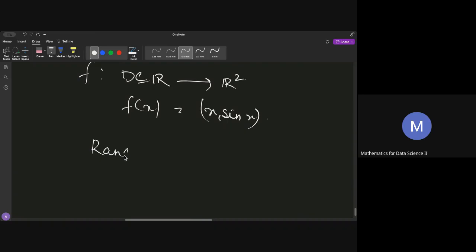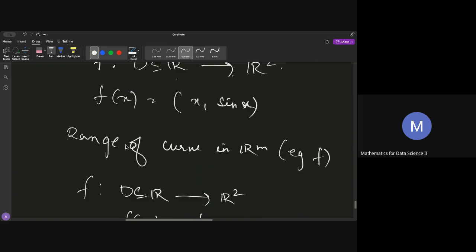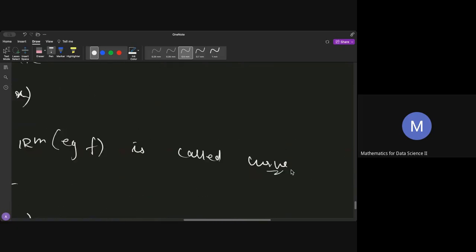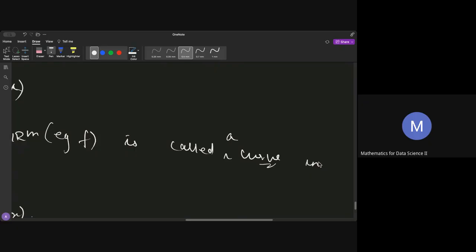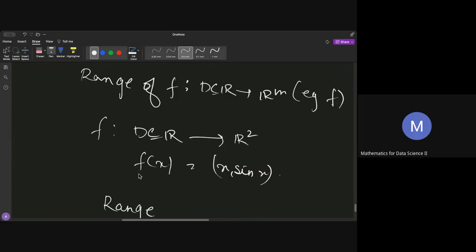We say that the range of a function from D contained in R to Rm is called a curve in Rm. So we're taking the example where m is equal to 2.